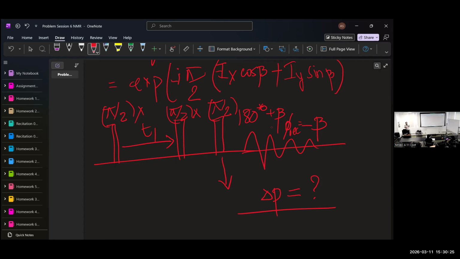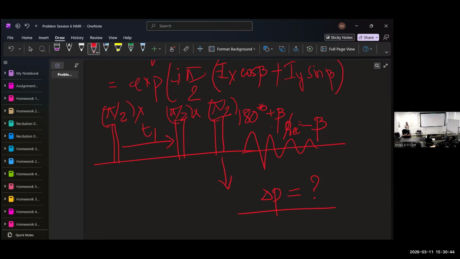Okay, if not, then we will come back to that next time. You can review the notes and check what values of change in coherence order will be picked up in a 4-step phase cycle. The state of magnetization during that block.